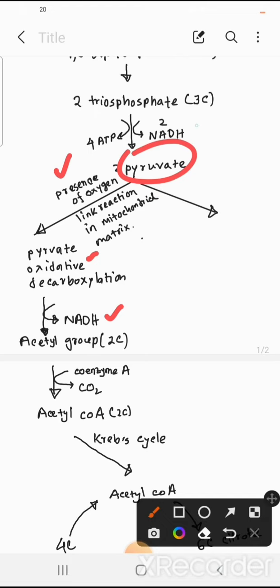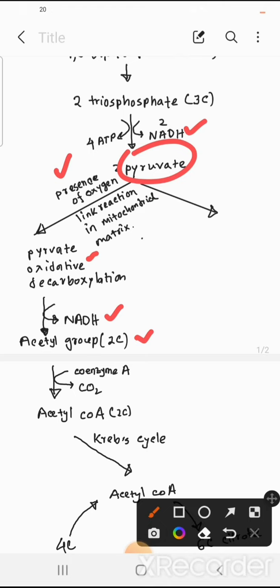Remember, in the previous reaction we also got 2 NADH. I will talk about later why NADH is important. But here, when the pyruvate undergoes this, it becomes an acetyl group.